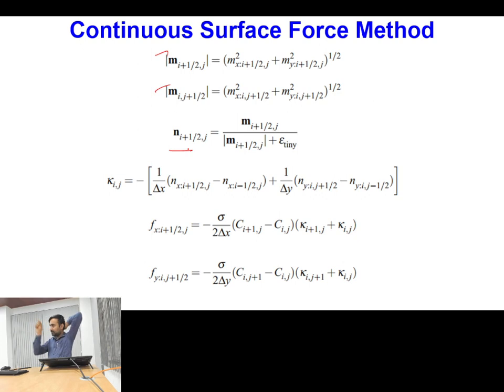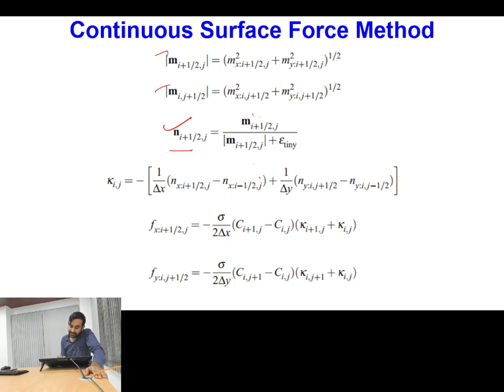In the neighboring cells, because of the presence of color function in surrounding, it may have some value, but if you move far away from that, then value of m will be becoming 0. So if you implement this formulation in your discretization scheme, there are high chances that you may get 0 by 0 form. So this will be giving you error, because your computer will not be understanding what is this.